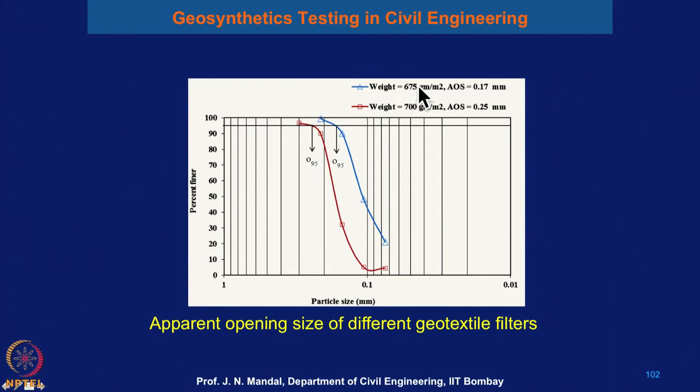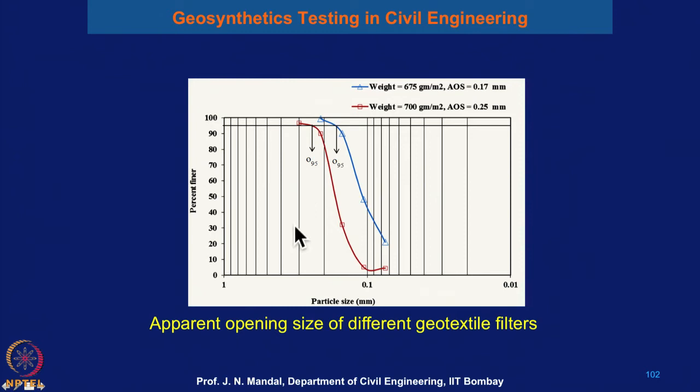So, this weight is 675 gram per meter square, and for this O95 is very important. So, you can determine what is O95. This grain size distribution curve varies from material to material. So, you can see one is the 675 gram per meter square weight, another is the weight of the sample at 700 gram per meter square.